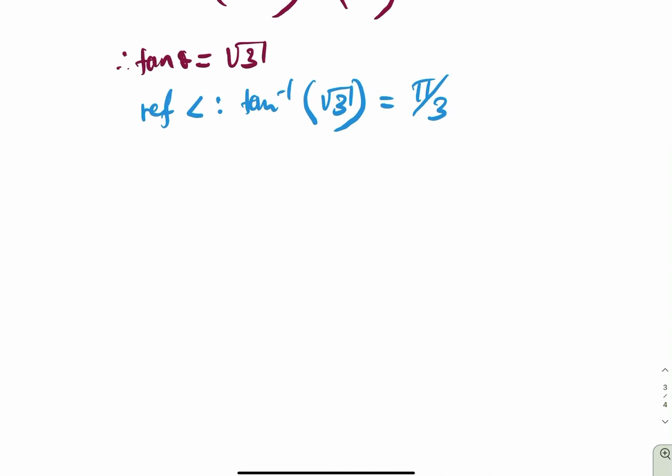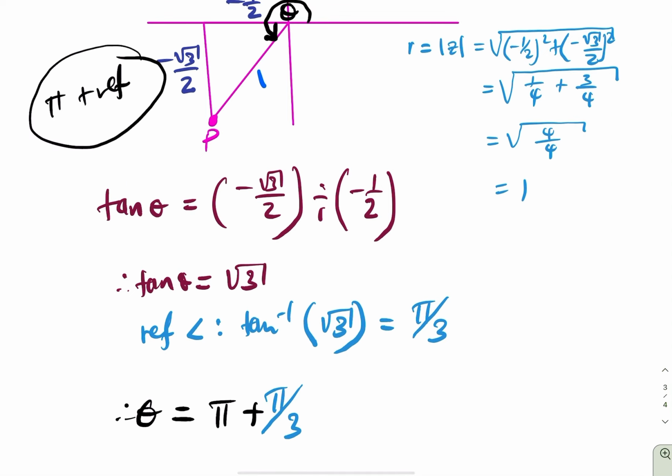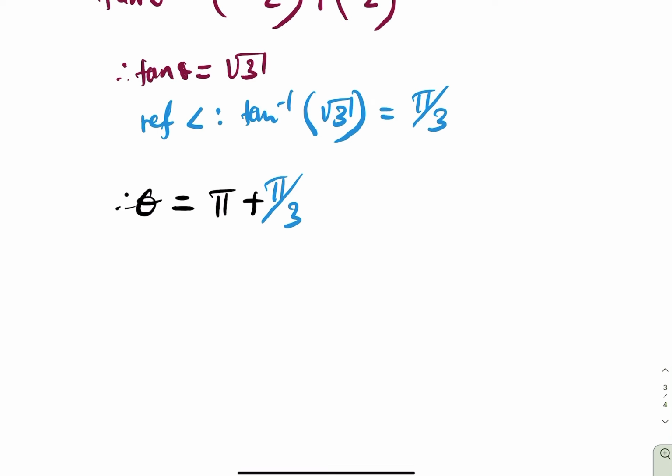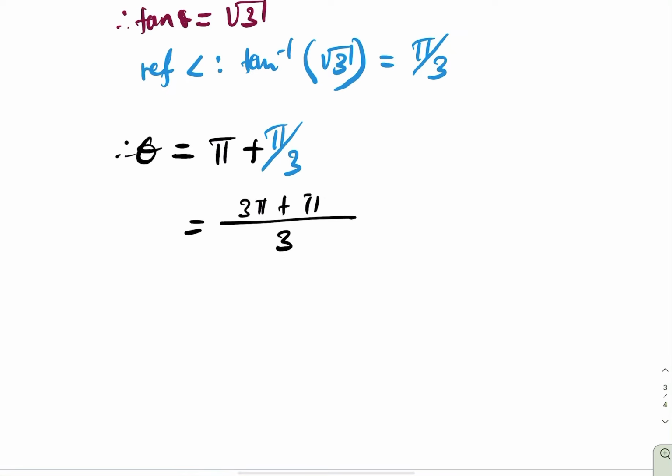So theta is going to be equal to pi plus the reference angle, which is pi over 3. I was still on the second quadrant; we are in the third quadrant where it's plus. So if you do it nicely, you get 3 pi plus pi over 3, and as a result, this becomes 4 pi over 3.